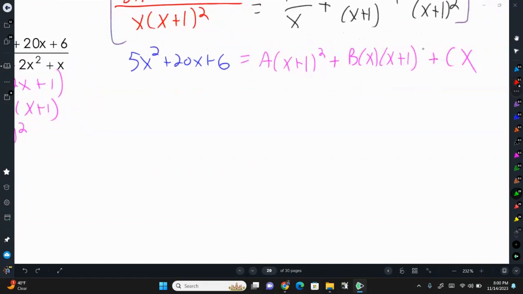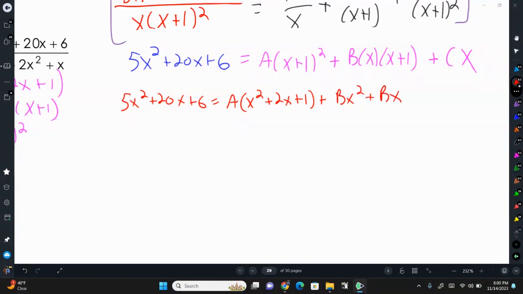So what we need to do is multiply this nasty expression out. So we have a times x plus 1 squared, which is x squared plus 2x plus 1, plus bx squared plus bx, plus cx.